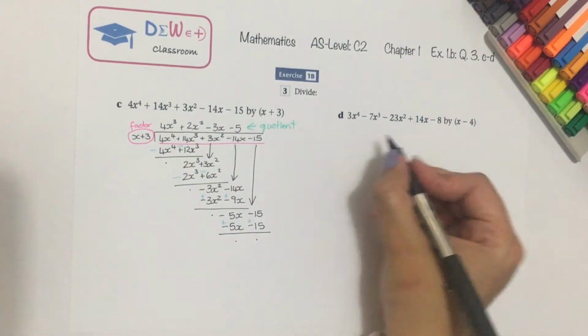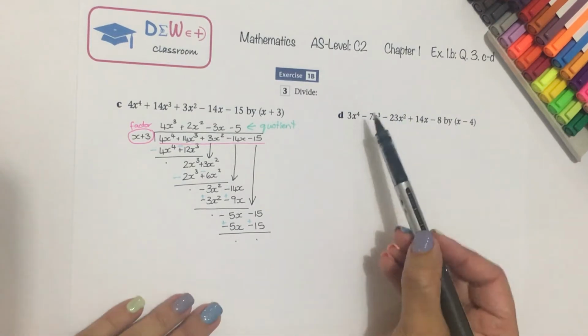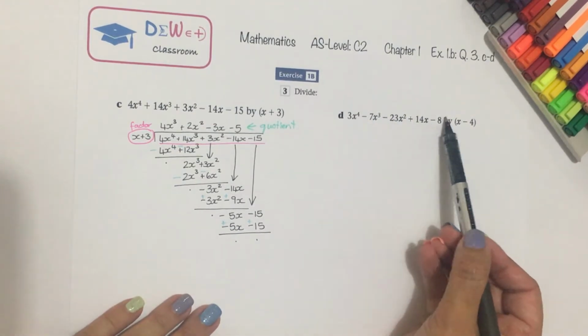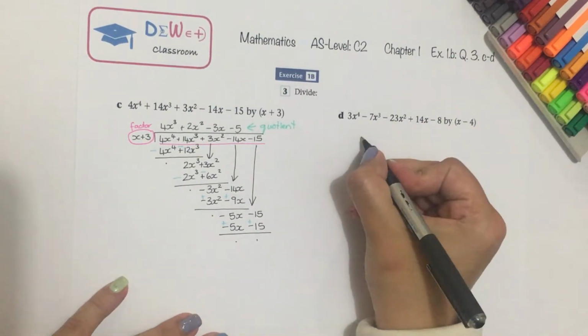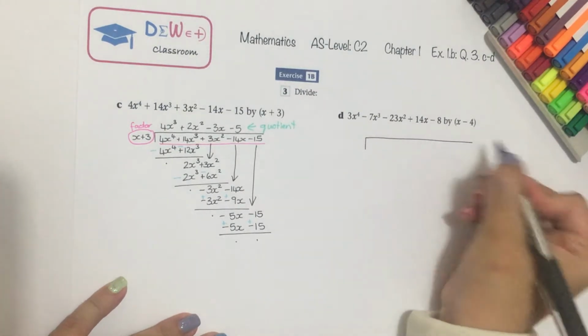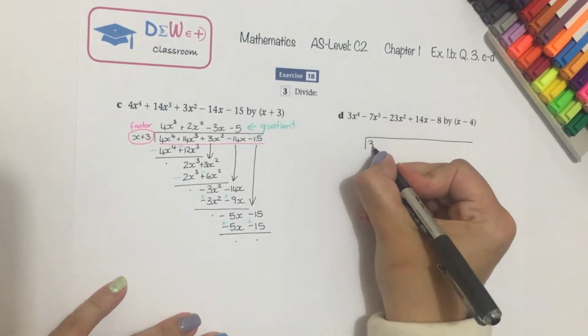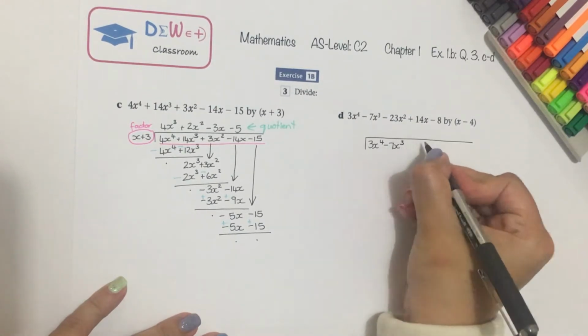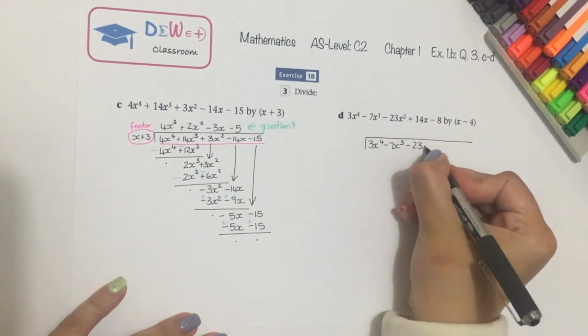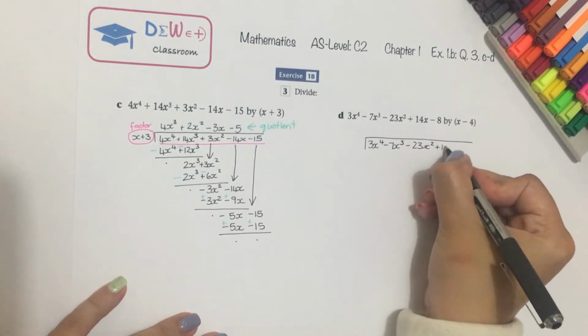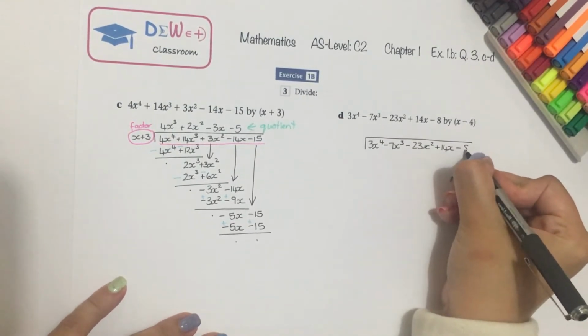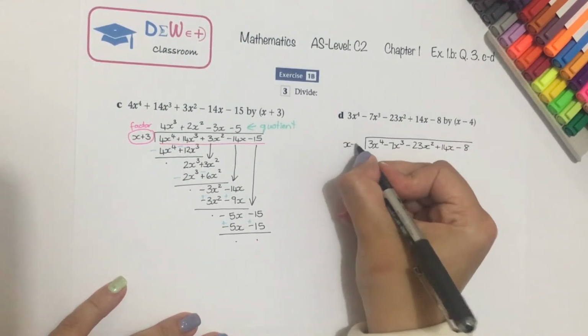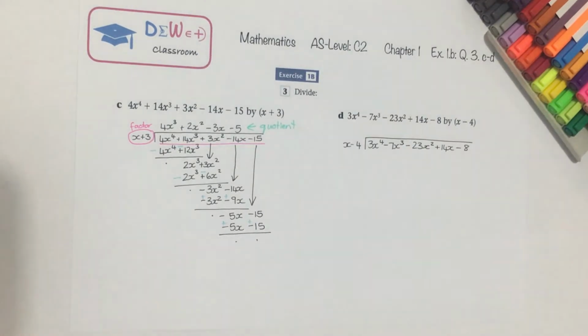Okay, number D. We exactly check the same thing, 4, 3, 2, 1, 0, so we don't need to change or add anything. We can just start dividing. So 3x to the power of 4 minus 7x to the power of 3 minus 23x squared plus 14x minus 8 divided by x minus 4.